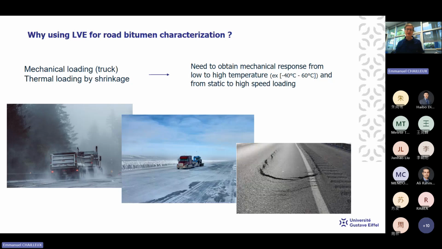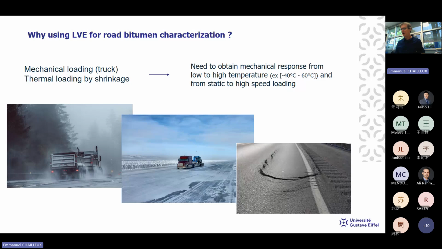So you know that our pavements all over the world are subject to several types of loading. Of course, mechanical loading by heavy trucks, which creates strain on the surface, but also in the structure. But we also have another type of constraint, which is thermal loading by shrinkage.